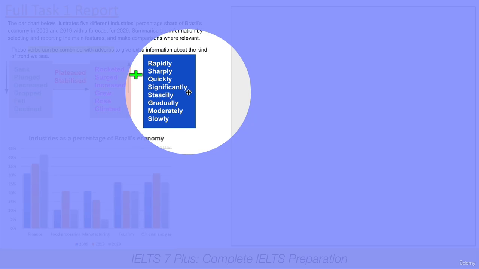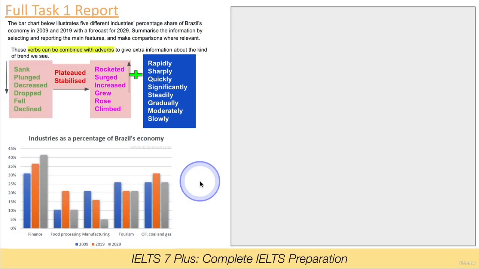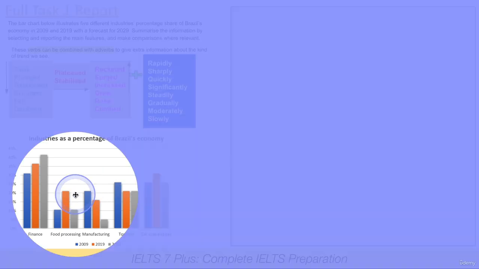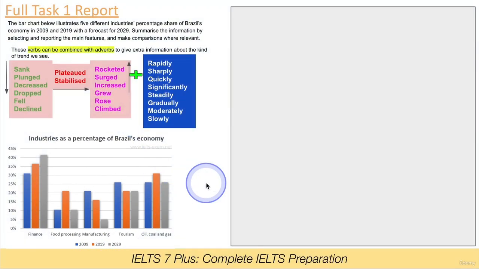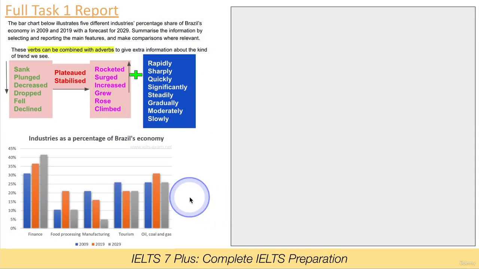And when you pair them with adverbs, they create really nice sentences and structures that will help you talk about what we're seeing here in an effective, succinct way. So you won't have this in the exam, unfortunately, but that is here to help us with our write-up today.